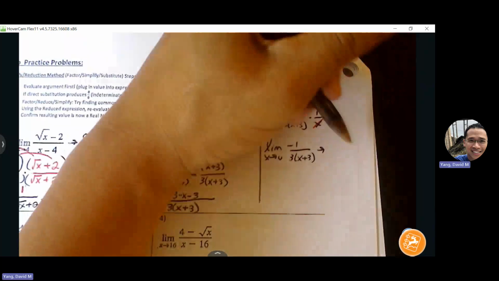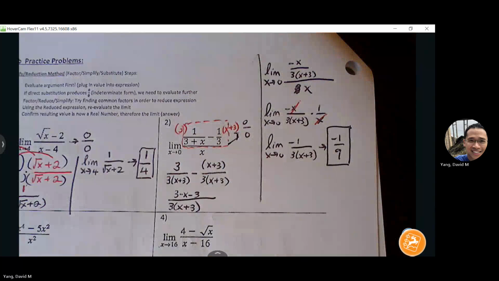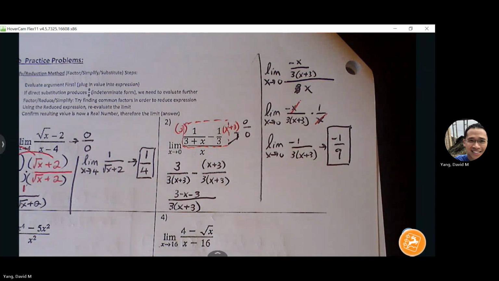Okay, replace all the x's with 0. If you're solving for the numerator, you don't have to bring a limit over for that. It's just a numerator.